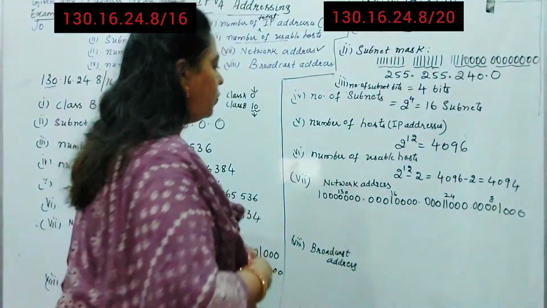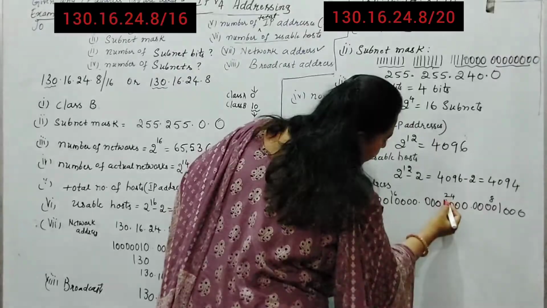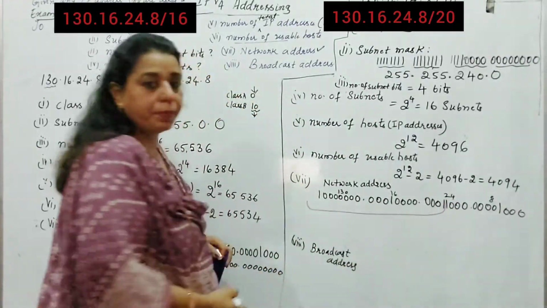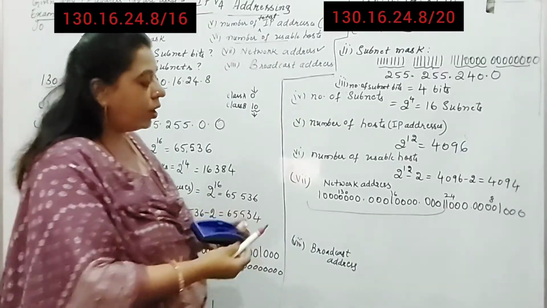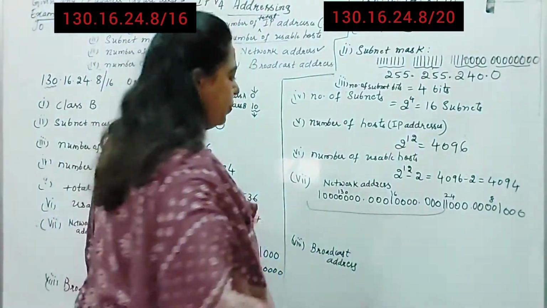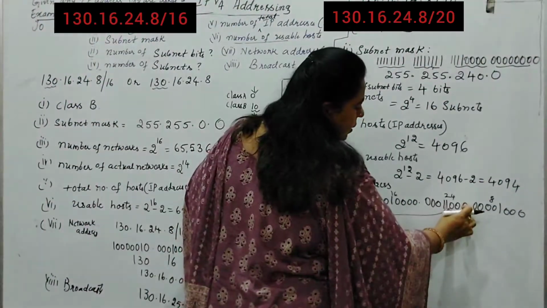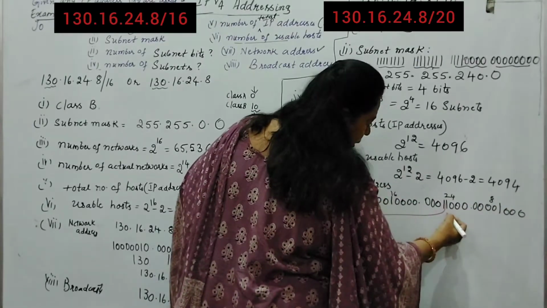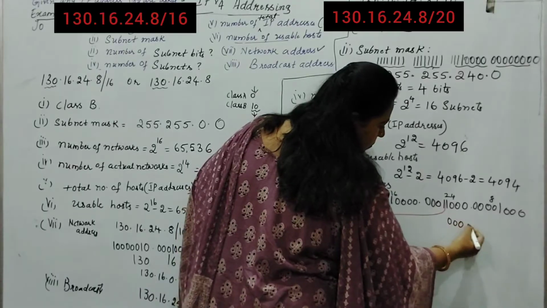So this 4 bits from here to here, let me separate out. From here to here I have to keep it as it is. And for the remaining bits, if you are keeping 20 as it is, the remaining will be here 8 and then 4, 12 bits. These 12 bits you are going to write as all zeros.